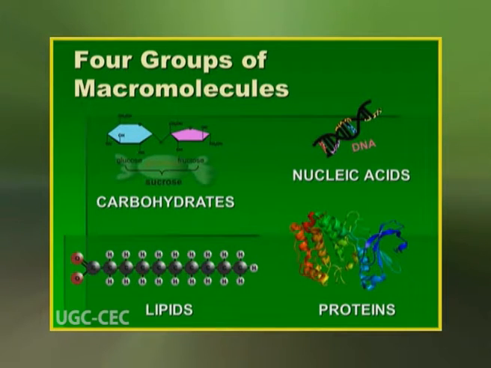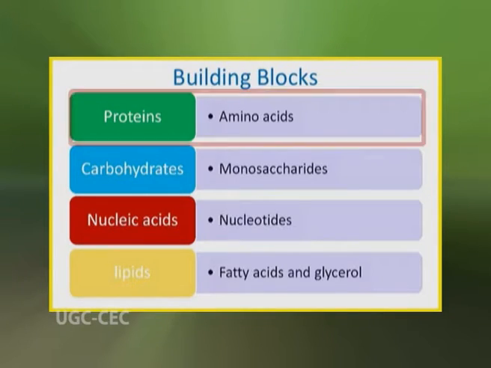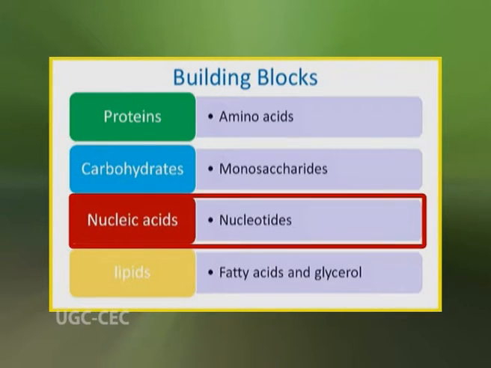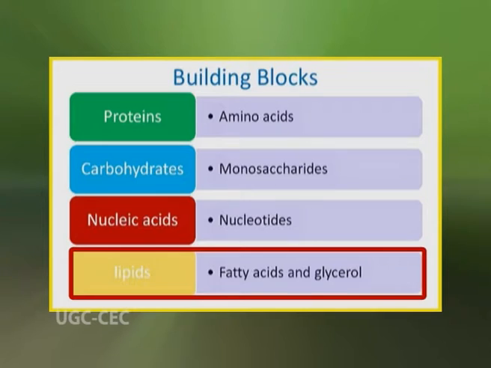Four main types of macromolecules control all activities. They are proteins, carbohydrates, nucleic acids and lipids. Their monomers are amino acids, sugars, nucleotides, and glycerol and fatty acids.